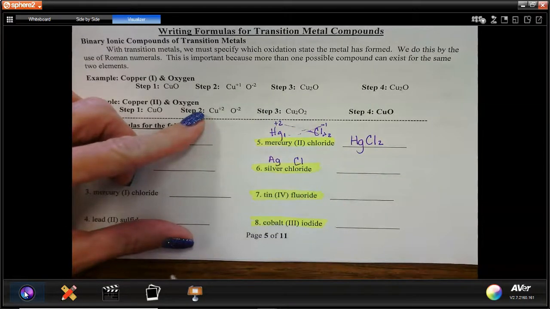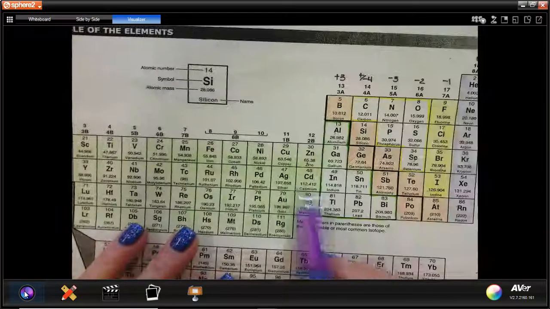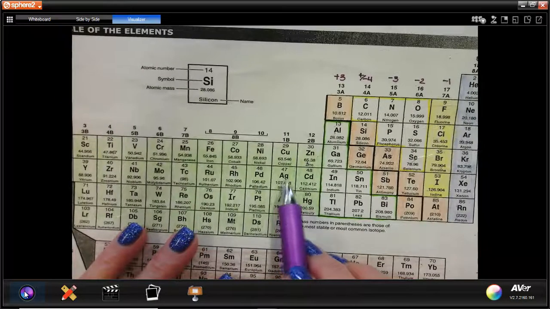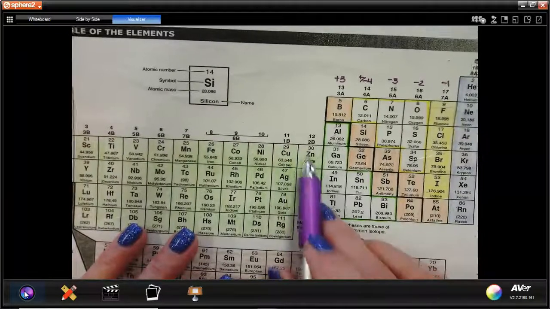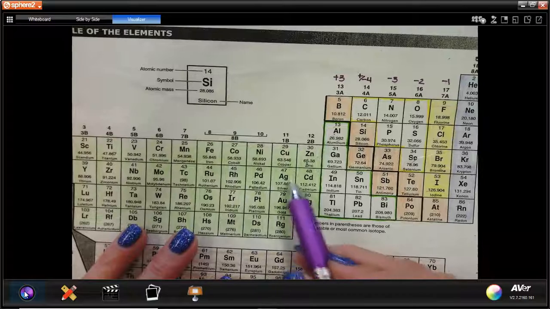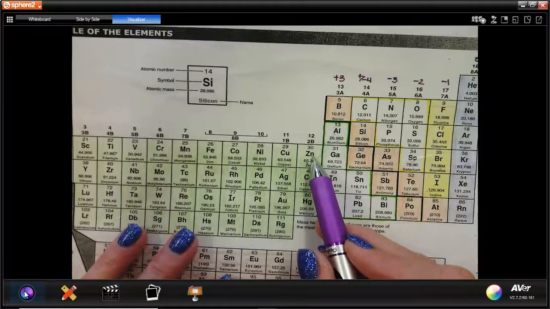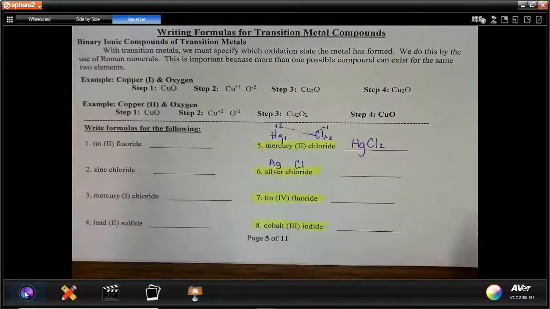All right, for silver chloride, silver is Ag and chlorine again Cl. Silver is an exception to that transition metal rule. Silver is in the transition metals, but silver always has a +1 oxidation number. There were those 3 elements that were the exception in the transition metals. Silver is always +1, zinc is +2, and cadmium's +2. And it's right there in that little triangle area.